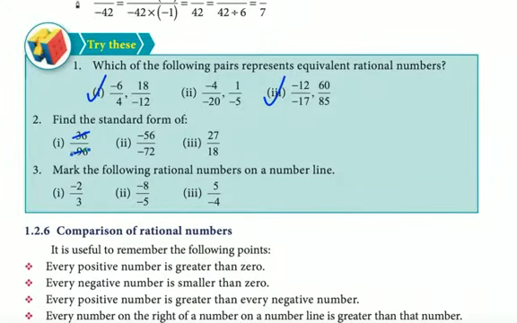Let's do it with 6. 6 sixes are 36. So numerator 6, whatever denominator, 6 ones are 6, right? 6 sixes are 36, right? 16 sixes are 96. So 3 by 8 is in the standard form. Similarly you can do for the remaining two.